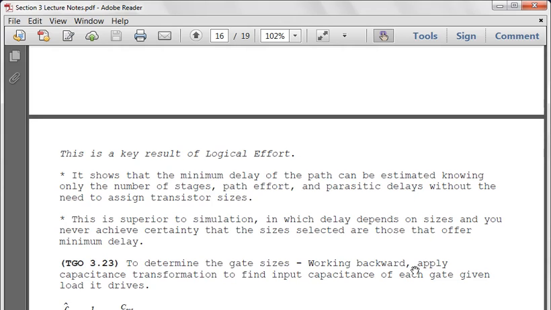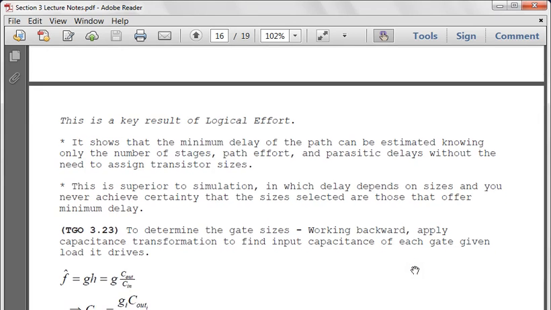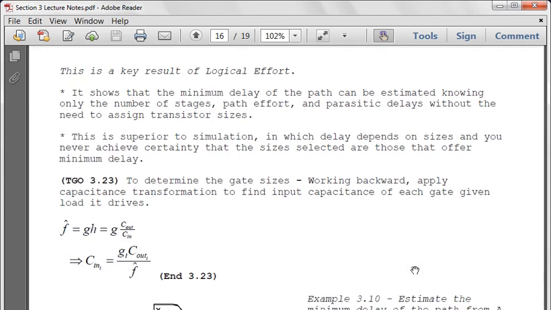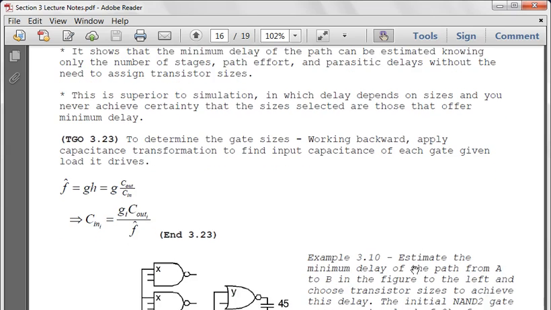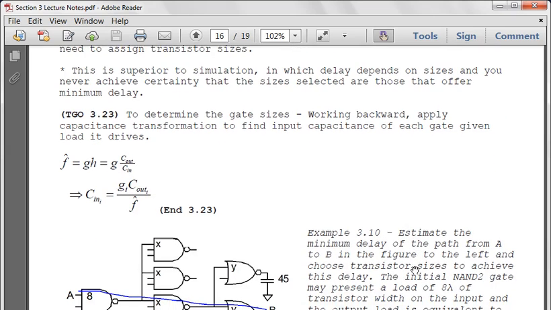All right, I've done enough going on a spiel about how not to waste your time doing designs. Let's talk about how to actually calculate this. To determine gate sizes, working backward, apply capacitance transformations to find the input capacitances of each gate given the load it drives.